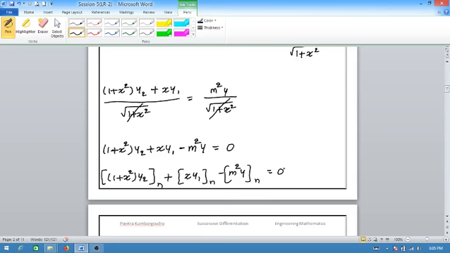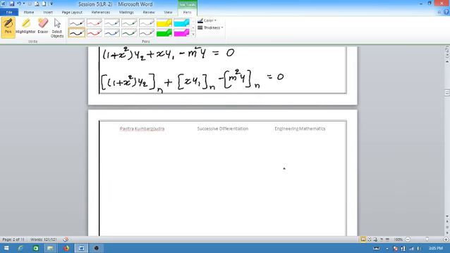Now apply the Leibniz rule. First function, you should take the polynomial as the first function. So that is 1 plus x square as it is, right. The nth derivative of y2: already we have differentiated 2 times, n more times I have to differentiate.